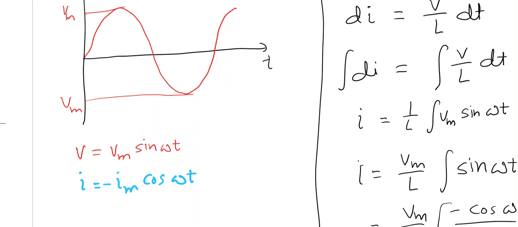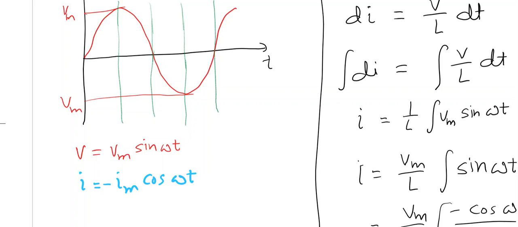It means that current is a function of sine, but it will start increasing in the negative region first. So again, I have to be careful. When voltage is maximum, current should be zero. When voltage is zero, current should be maximum.